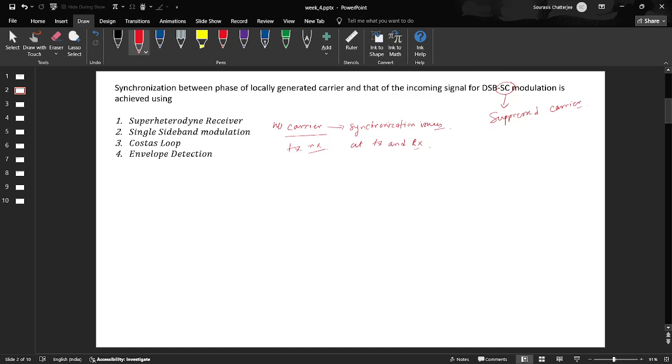As I was discussing, the local oscillators at both transmitter and receiver are responsible for generating the carrier. Let me write it down.